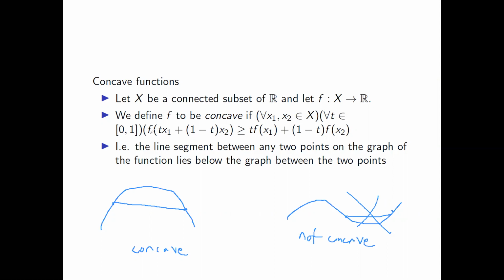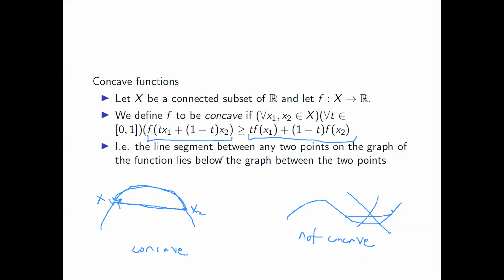And we can see how the definition in the second bullet compares to our way of viewing it with segments. So the left part of the inequality, as t goes from 0 to 1, if our x1 is over here and our x2 is here, then that left part is going from here to here, and the right part is going from here to here along the segment.